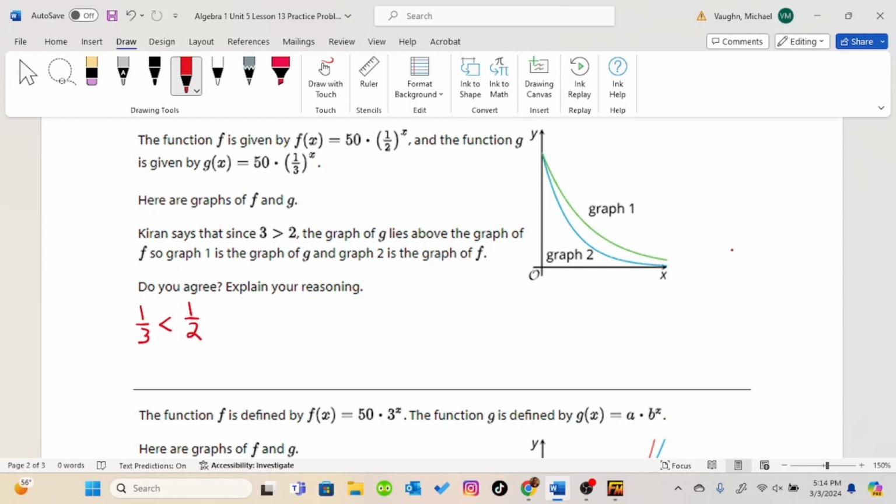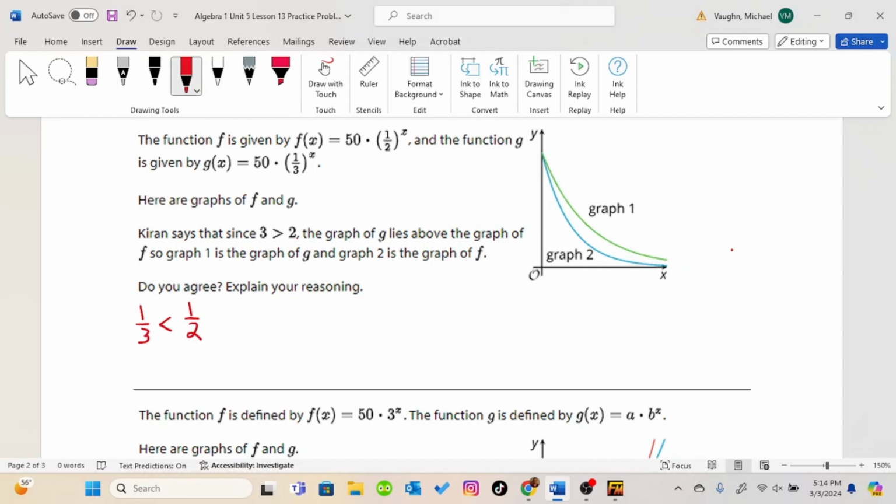So what we're saying here is that when they start in the same place at 50, f is going to keep half of its value each time, but g is only going to keep 1/3 of its value each time.